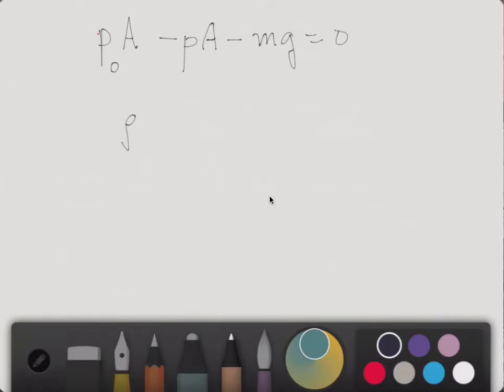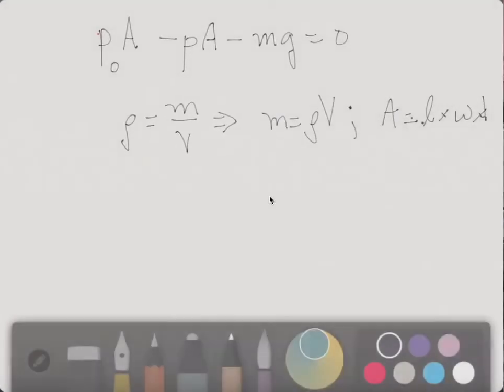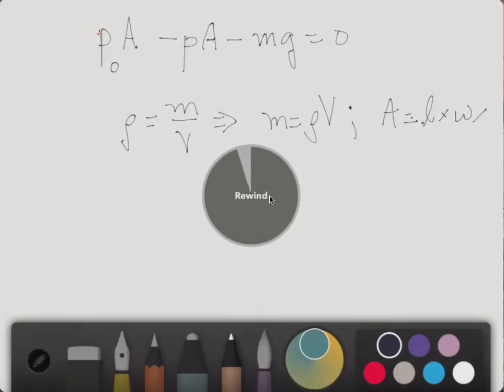Remember that density was just equal to mass over volume. Well, this is going to imply that mass is going to equal rho times volume. But volume, if you remember, for a cube, is just length times width times height. So the length times the width is the area, and then we have our height. And so height times the area is going to give us our volume.